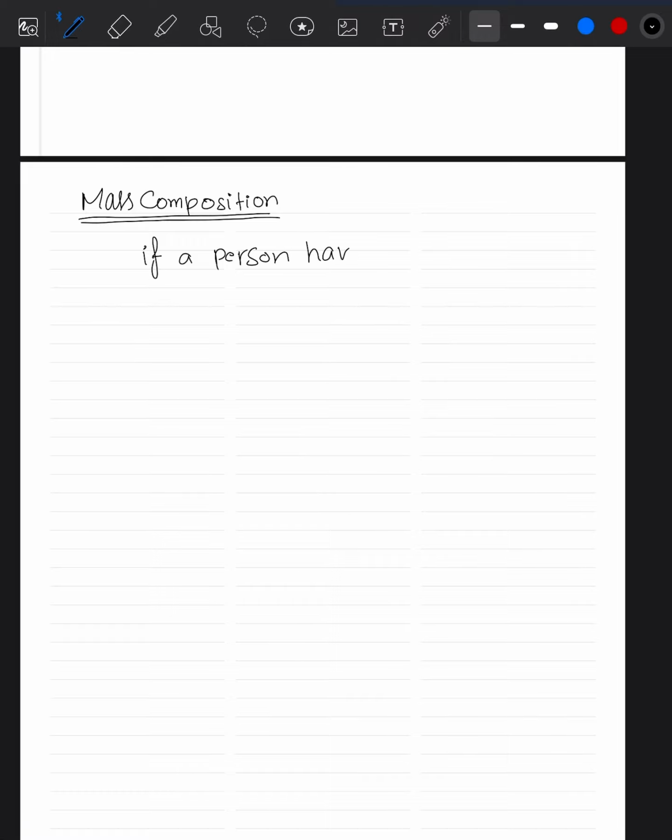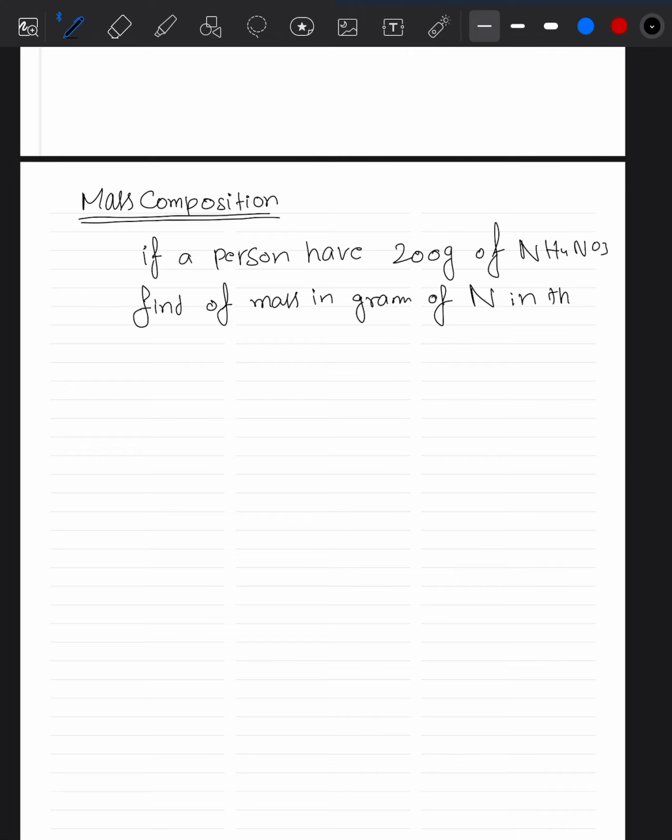If a person has 200 gram of ammonium nitrate, NH4NO3, find out the mass in grams of nitrogen in this compound or fertilizer.